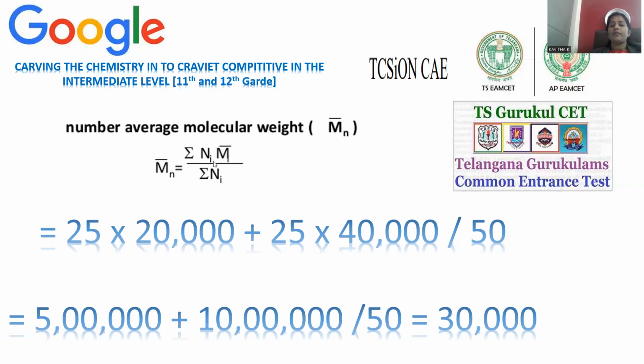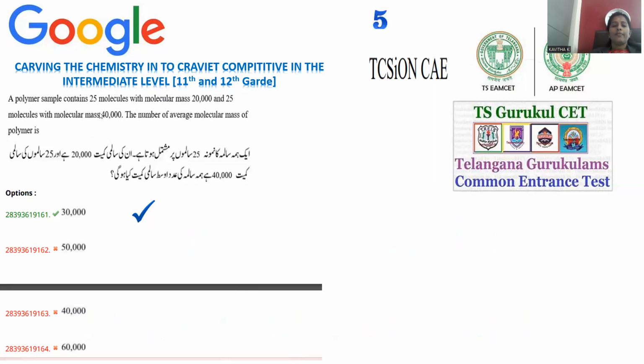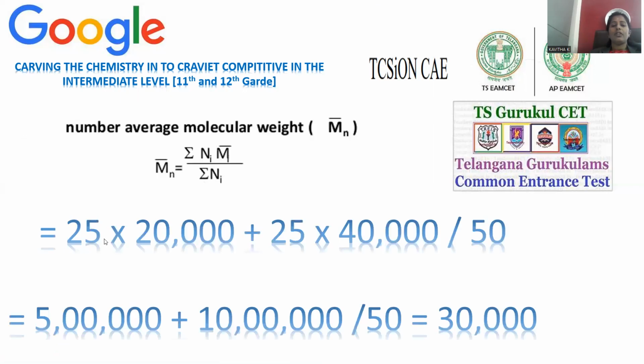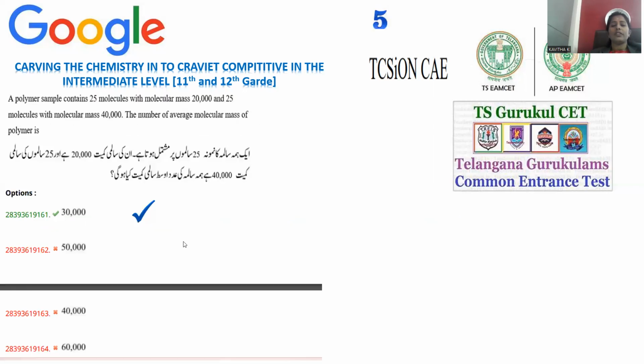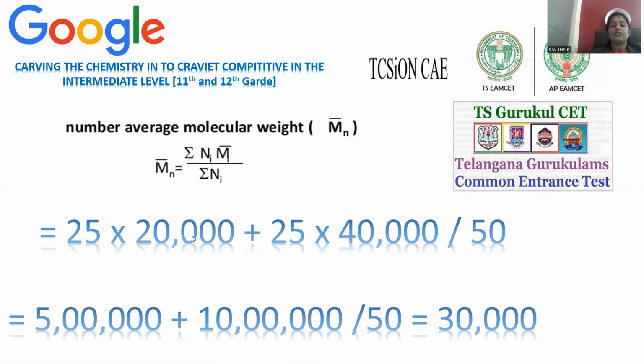Ni means the number of polymers, they mentioned 25 molecules and 25 molecules, right? What is the molecular weight for them? 25 molecules correspond to a molecular weight of 20,000.